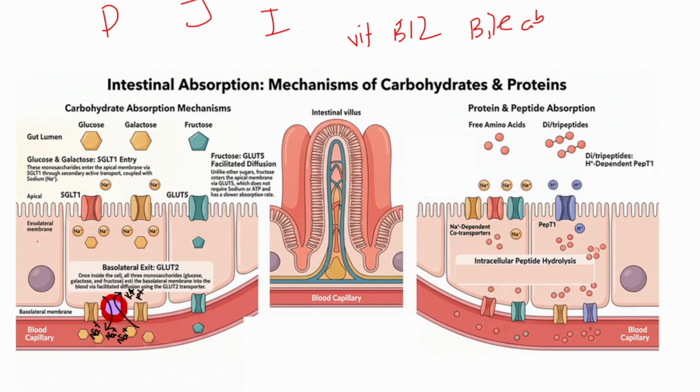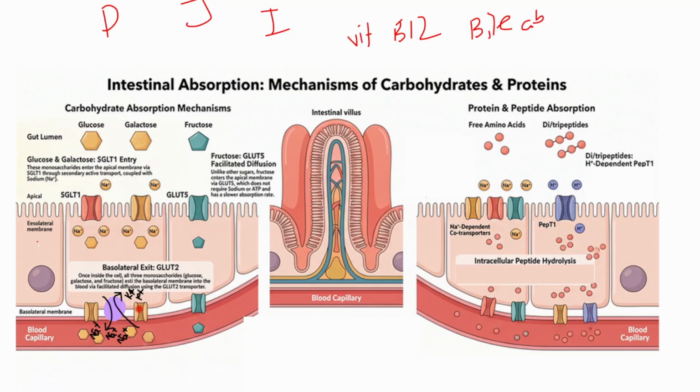This is the engine we are talking about. This is called the sodium-potassium ATPase pump. This active transporter continuously pumps sodium ions out of the cells into the bloodstream while moving potassium ions inward, utilizing adenosine triphosphate to maintain a steep extracellular sodium gradient.